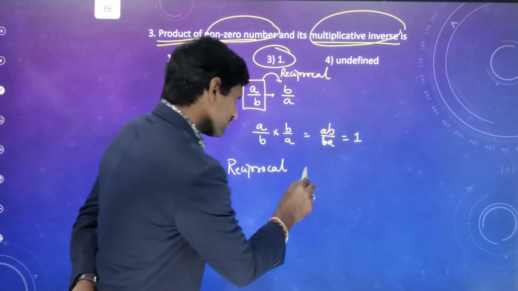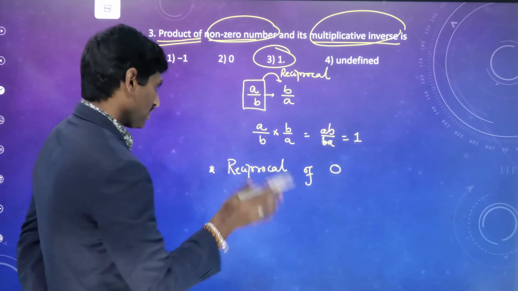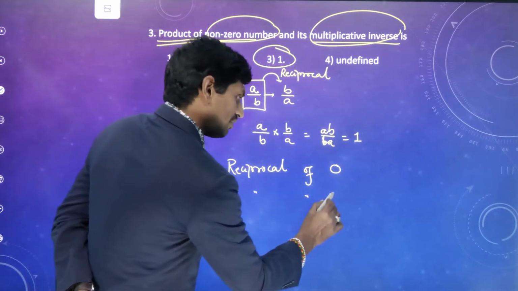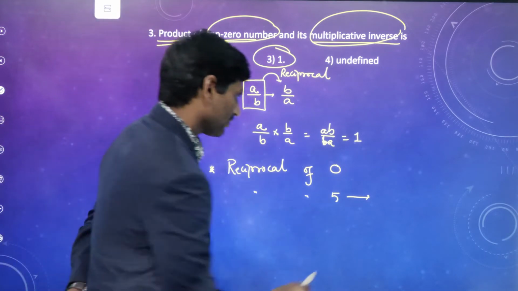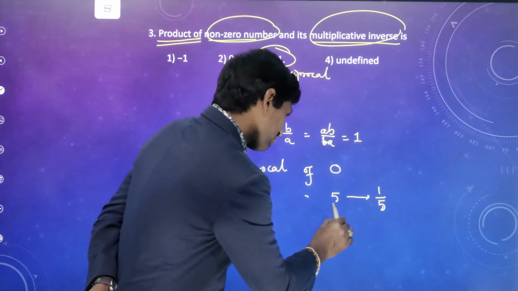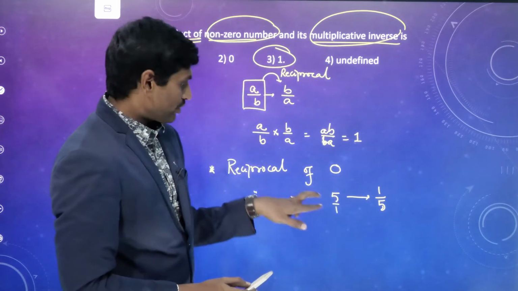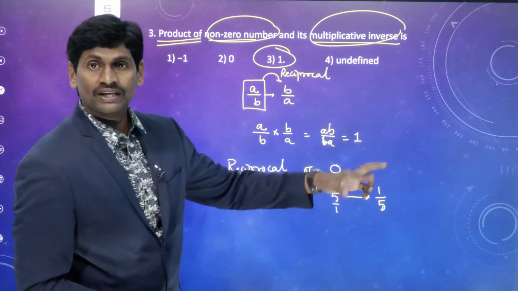What is the reciprocal of 0? Leave that for now. Reciprocal of 5. What is the reciprocal of 5? 1 by 5. Here 5 in the sense 5 by 1. When you write its reciprocal, the numerator and denominator positions will be interchanged.